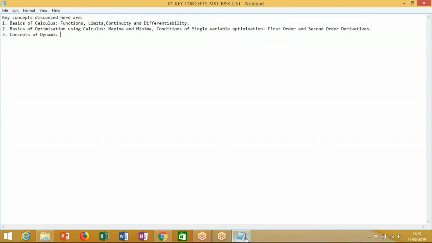equations. So over here, dynamics of discrete time, which is the concept of difference equations, and the dynamics of continuous time.